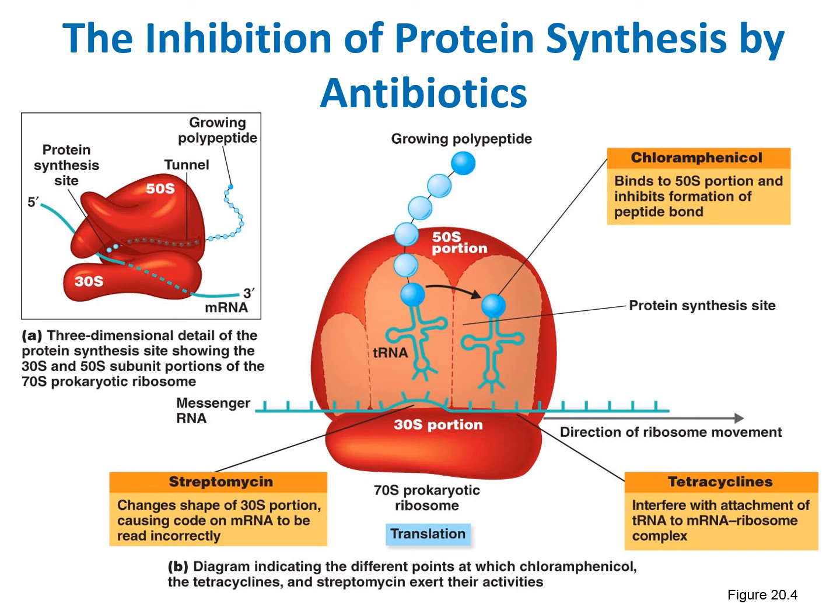A third step that tends to be inhibited is the formation of protein. There are antibiotics that bind in the 50S portion of the ribosome and prevent peptide bond formation between the amino acid attached to the tRNA in the A site and the growing polypeptide chain that you find in the P site.